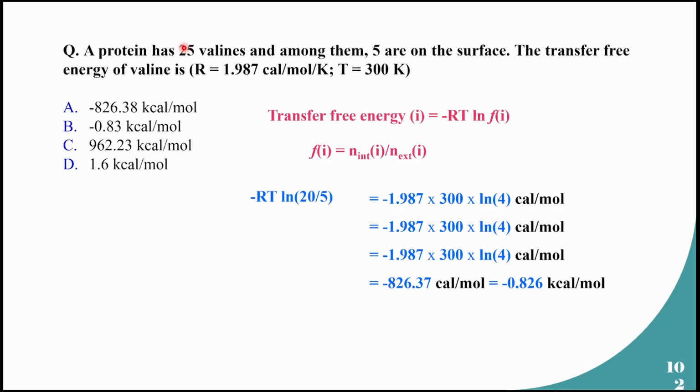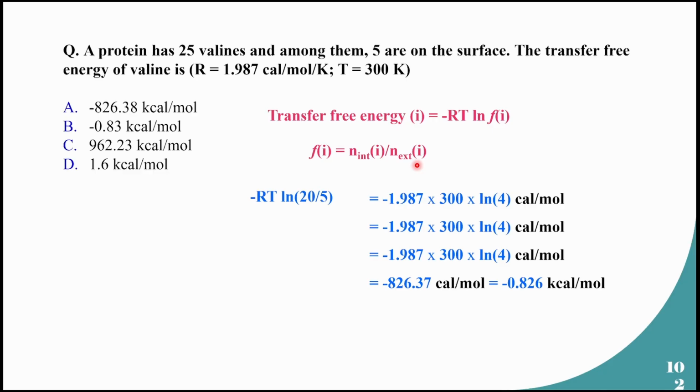From this statement alone, you can see that if 5 are on the surface and 20 of them are in a buried position, then of course valine is preferring a buried environment, right? In this particular case, the fraction indicates the transfer from a surface exposed environment to a buried environment.